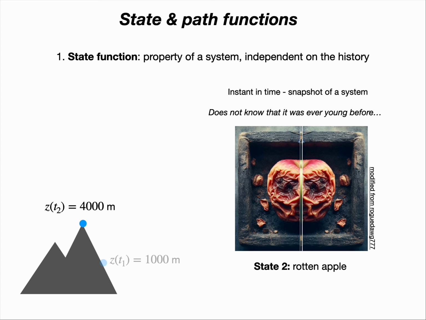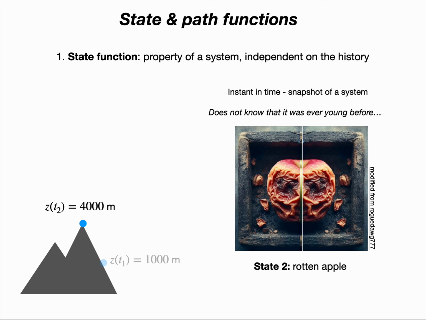Now, a bit later, you reach the altitude of the peak of the mountain, 4,000 meters. So your state, Z, has changed from 1,000 meters to 4,000 meters. The apple has rotten. So the state of the apple is now rotten. The state represents an instant in time. It's a snapshot, and in the case of the apple, it doesn't know that it was ever young before.